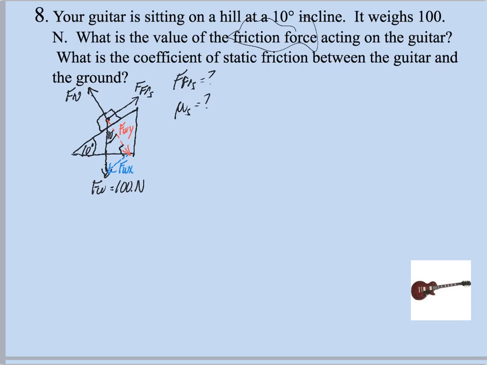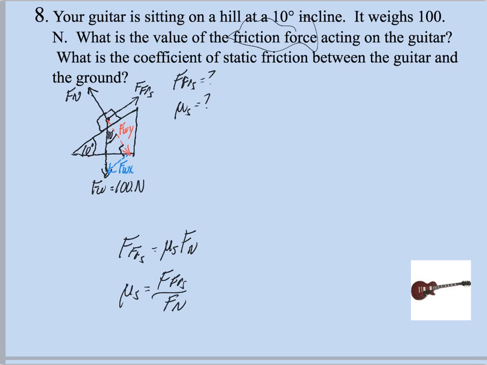If you think about the formula, it's force of friction equals coefficient of static friction times the normal force. So if I'm trying to find the coefficient of static friction, I would divide both sides by normal force, and I end up with that setup. Well, I don't have either one of these. I don't have the friction force, and I don't have the normal force.